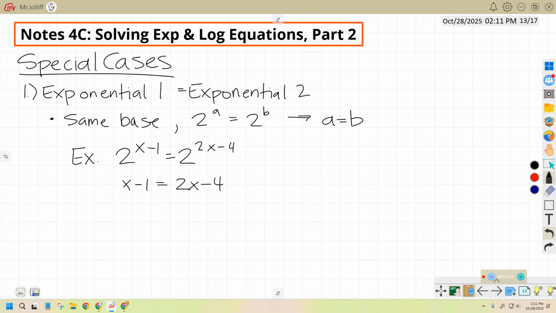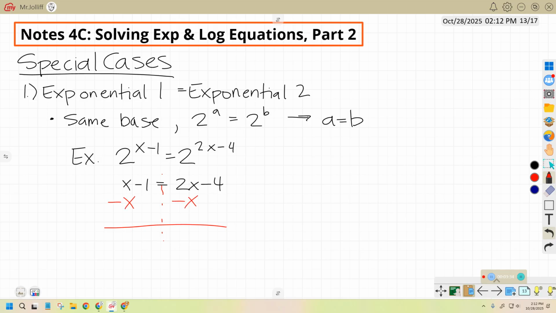In order to solve these questions, I need variables on one side, numbers on the other. And my instinct is to move the variables to the side that has the bigger coefficient. So I'm going to move the 1x over here. And we are in pre-calculus, meaning we can do two steps at once. I want to move variables to the right, minus x, minus x.